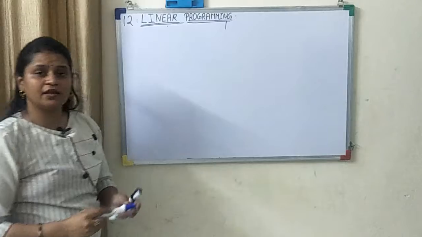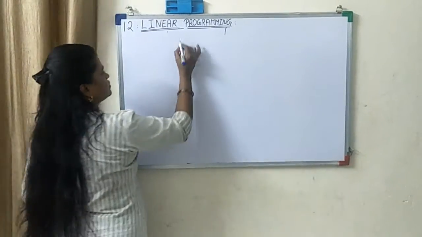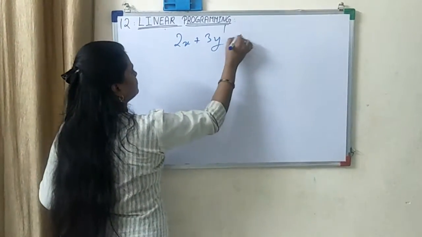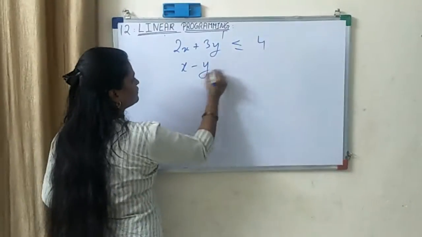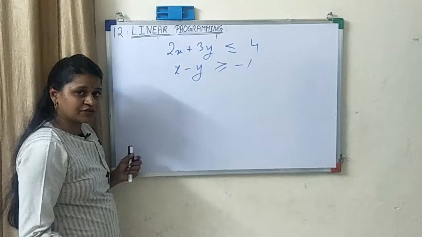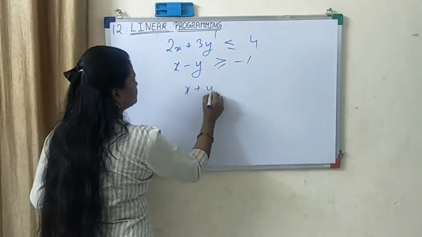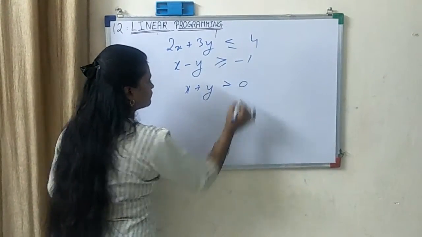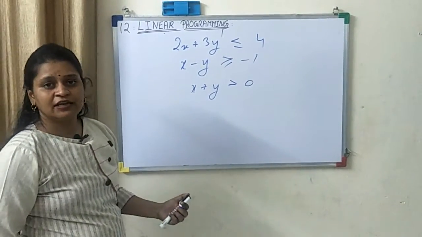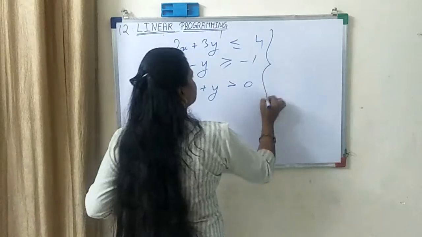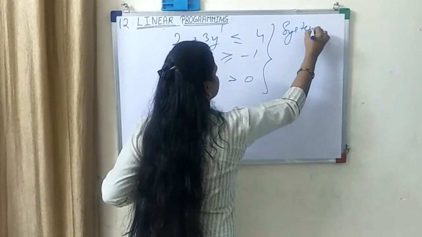A linear inequality was a certain equation, likewise if this type of equation is given, or suppose likewise another equation is given. These are the sets of linear equations, or we can say a system of linear equations.